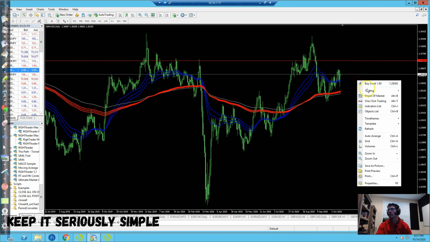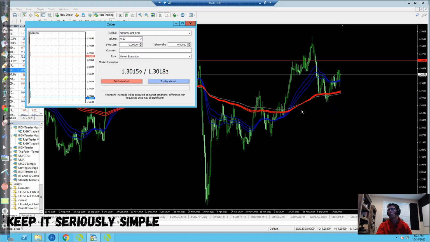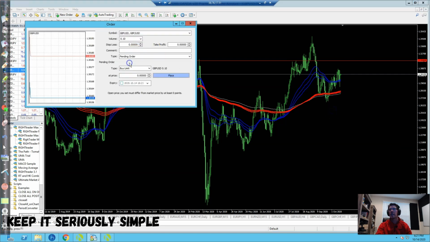All right, so let's go in here. Go to a new order. This is a sell limit. Mini lot, pending order, sell limit. My price is going to be 1.3120. My stop loss is 1.3500. And my take profit is down here at 1.2200.